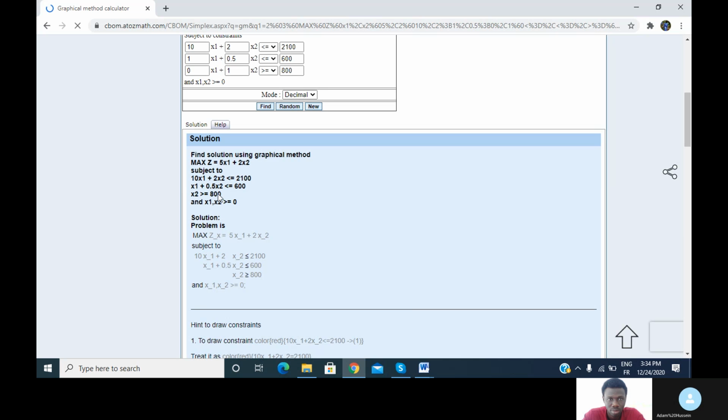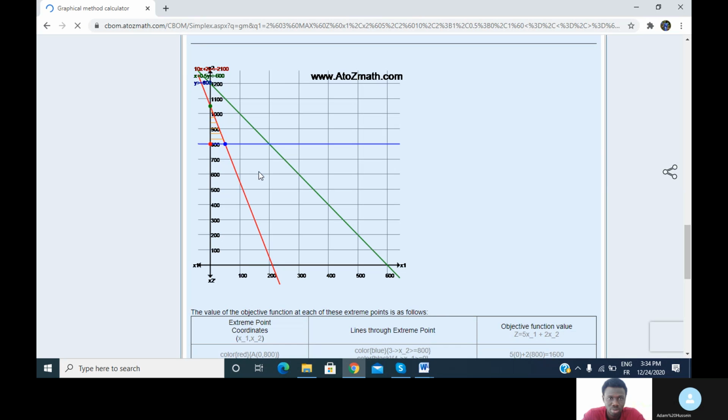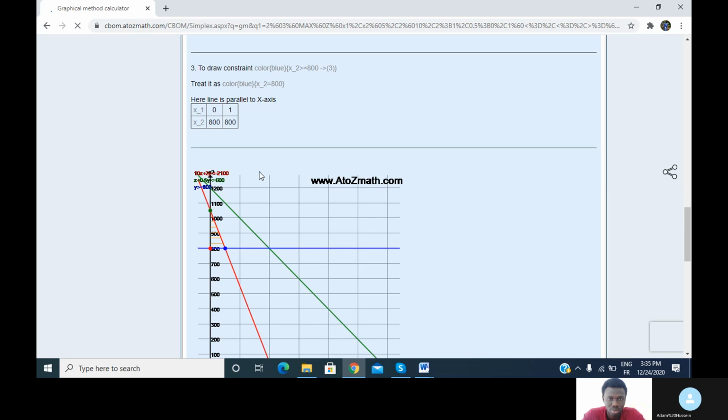So let's find the result. So this is our table. So this is the graph.